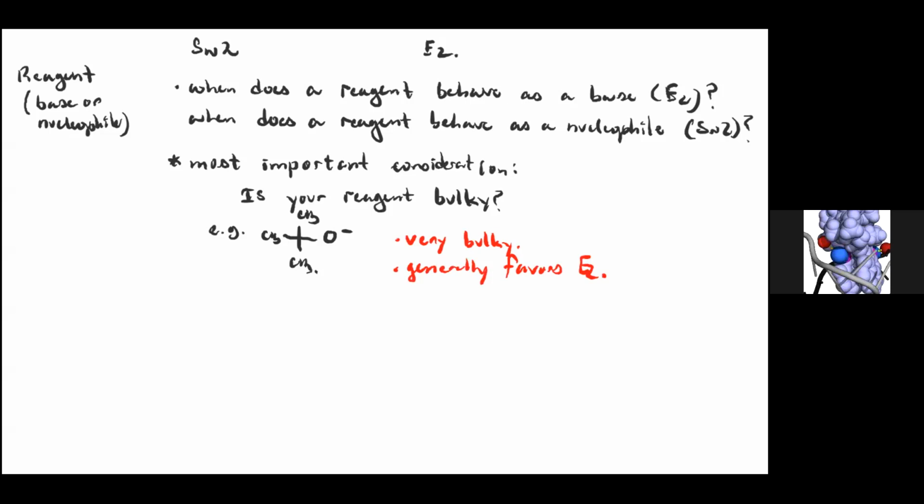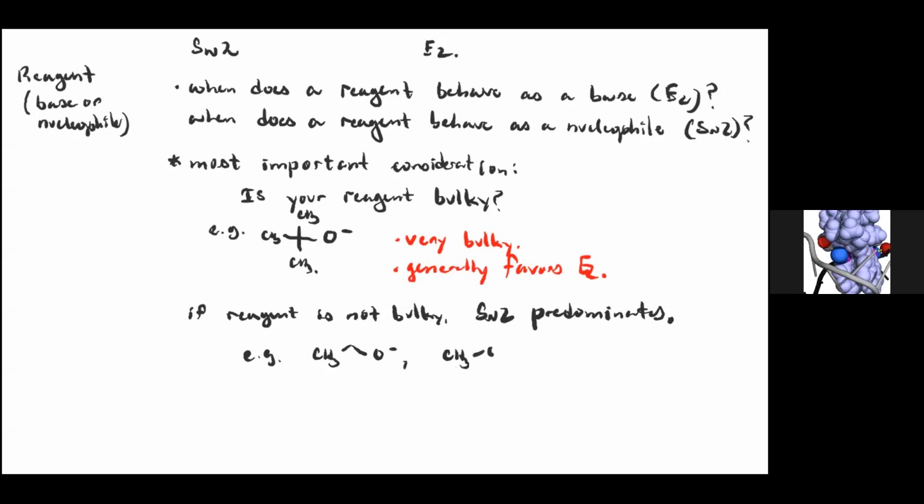If the answer to that question is no, so if the reagent is not bulky, SN2 predominates. And again, what do we mean by not bulky? We mean, for example, ethoxide or methoxide, if we're just talking about oxygen-based nucleophiles.